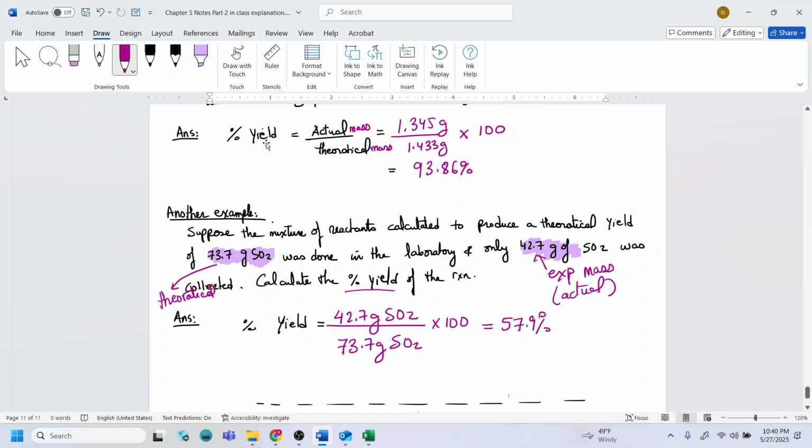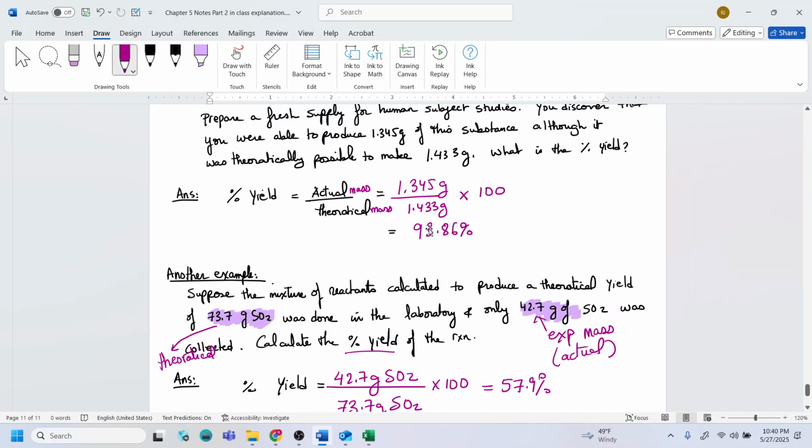Notice that the yield cannot cross 100 because it's a percentage, so pay attention to that. And always the higher the yield, the higher the percentage of the product that you form.